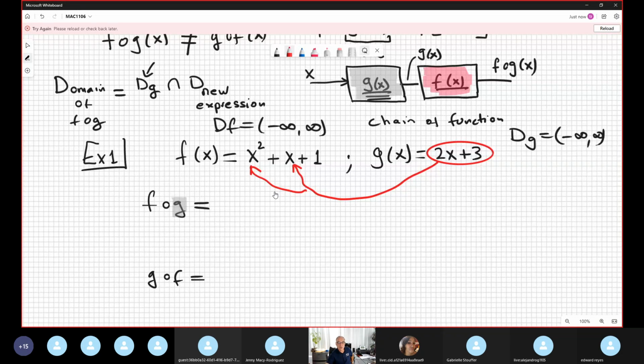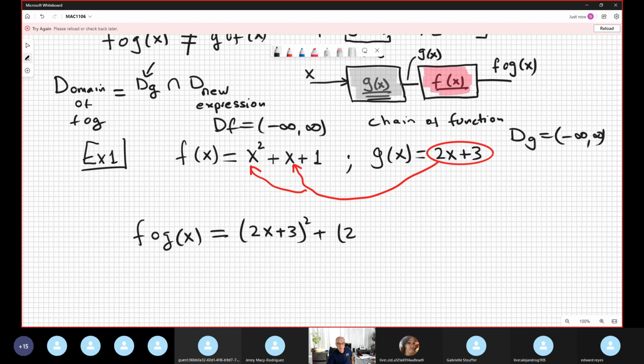And you obtain, in this case, F composition G of x, of course, is equal to (2x plus 3) squared plus 2x plus 3 plus 1. The only thing I did was replace 2x plus 3, G, inside F. So F is the outermost function and automatically swallows G inside. Do you see that?